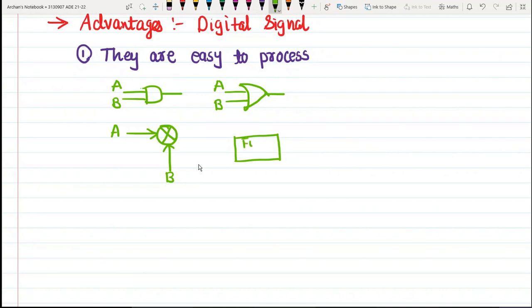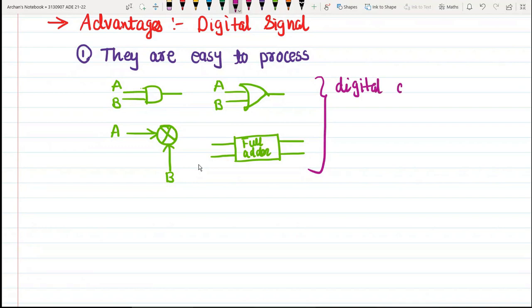Let us say one full adder circuit is there. If you do not understand this point, do not worry, we are going to cover these circuits. So these are my digital circuits. All these four circuits are digital circuits, and the function of each circuit is different.